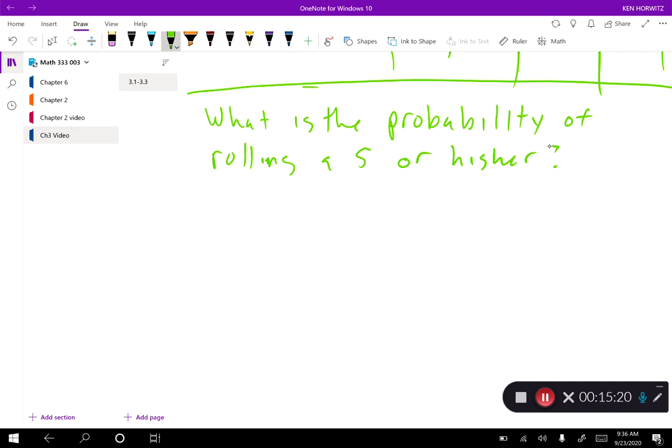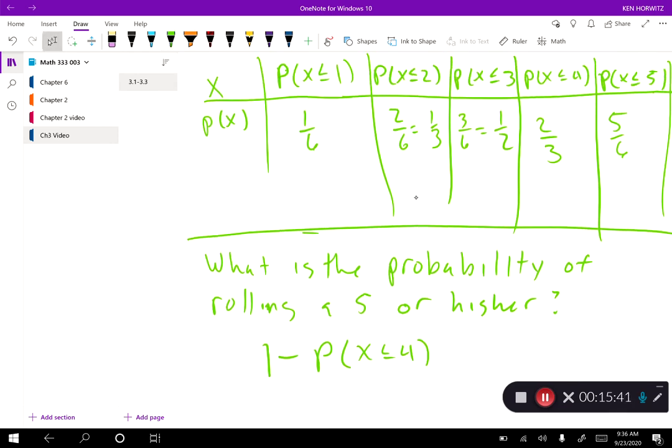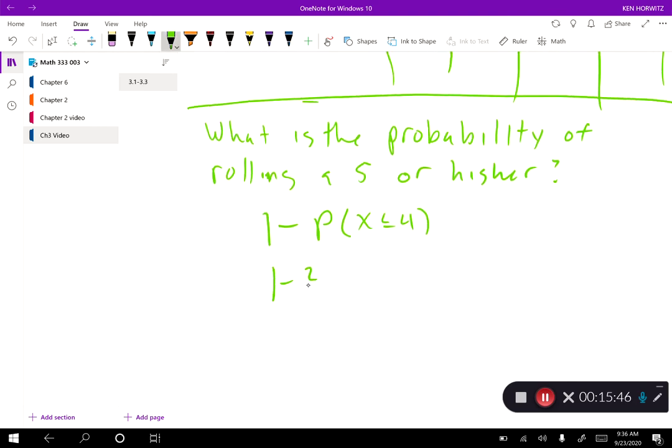If I say 5 or higher, I could say 1 minus the probability of x being less than or equal to 4. That would give me 5 or higher. And I can look on my cumulative distribution function and say, what's the probability of less than or equal to 4? That's 2/3. So I could say 1 minus 2/3, which equals 1/3. So depending on your situation, you could use your cumulative distribution function to your advantage.